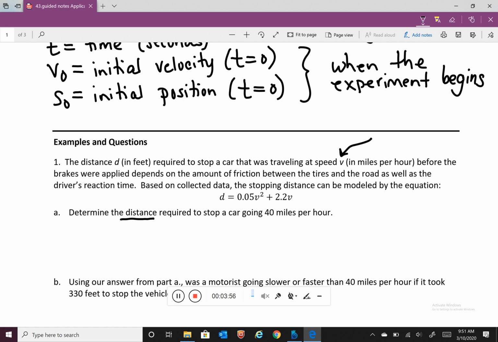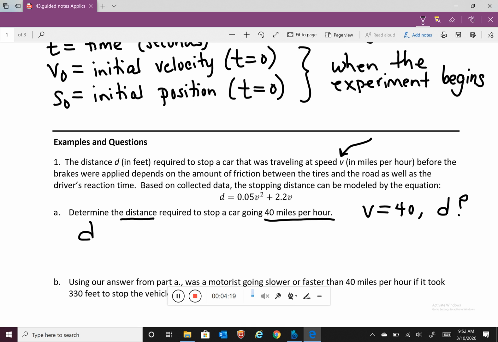So we are going to first determine the distance required to stop a car going 40 miles per hour. The information that we're given is the velocity or speed of the car. So we know that v equals 40, and we're trying to figure out what d is, which is the amount of distance it takes for this car to actually stop. So we're going to let v equal 40.